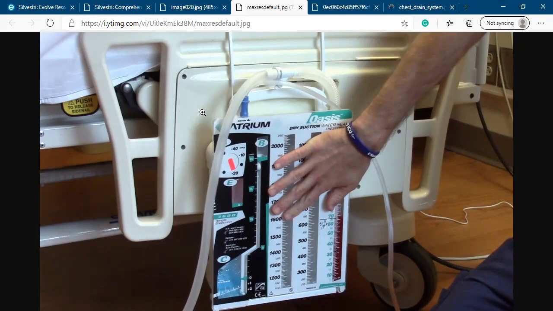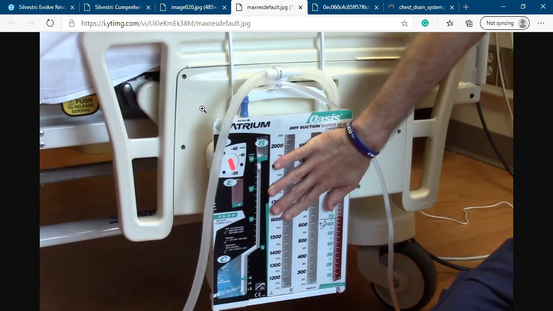And also, I said do not strip or clip the chest tube without a doctor's order.